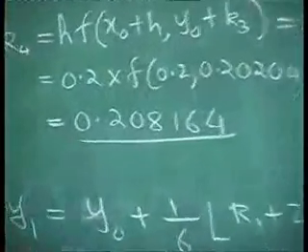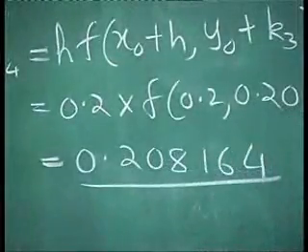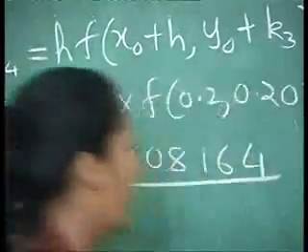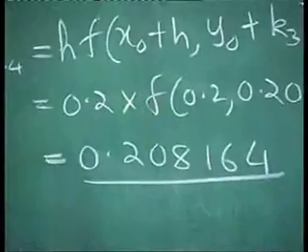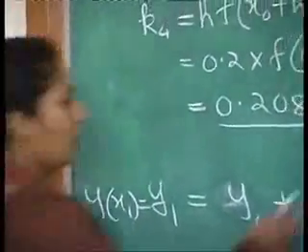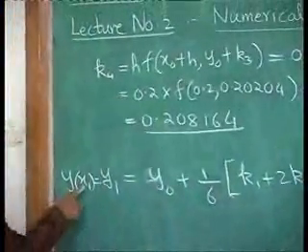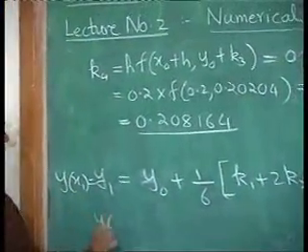Here's y1. You just have to substitute in this expression. y1 is the value of the function at x1. So this is the formula for y1. x1, I have taken x1 to be 0.2.